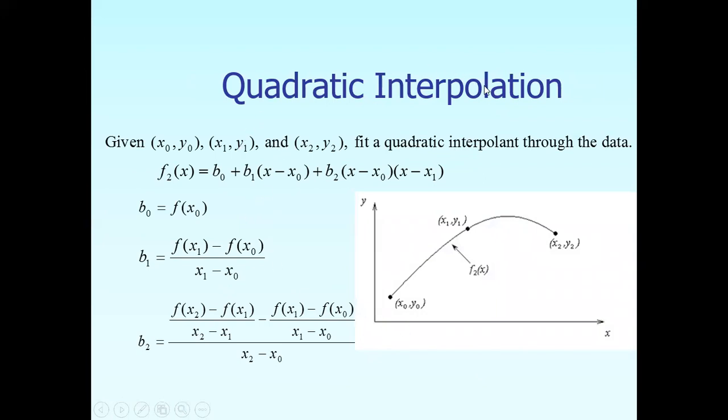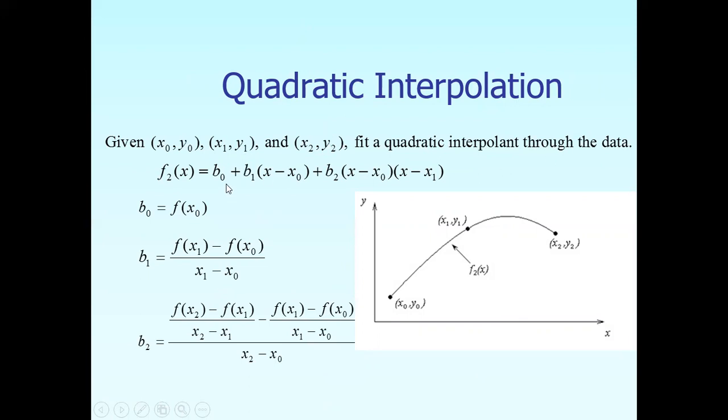This is a quadratic interpolation. Suppose there are three coordinate points x0, y0, x1, y1, x2, y2. Fit a quadratic interpolation through the data.